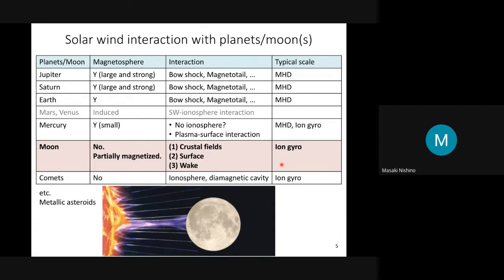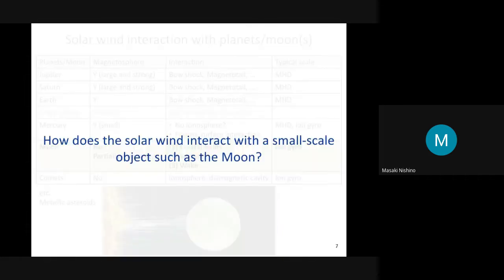Anyway, the typical physical scale in the lunar solar wind interaction is the ion gyro radius, the ion gyro scale. So one question we have is, how does the solar wind directly interact with such a small-scale object, such as the moon?